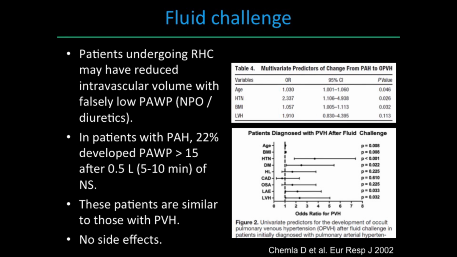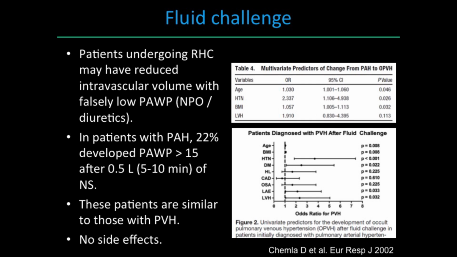This is a study of patients undergoing right heart catheterization. And they noted that 22% of the patients that initially were thought to have pulmonary hypertension, when they gave the fluid challenge, the wedge increased to 15 or above, and they found that those 22% of patients had the phenotype of patients with pulmonary venous hypertension.